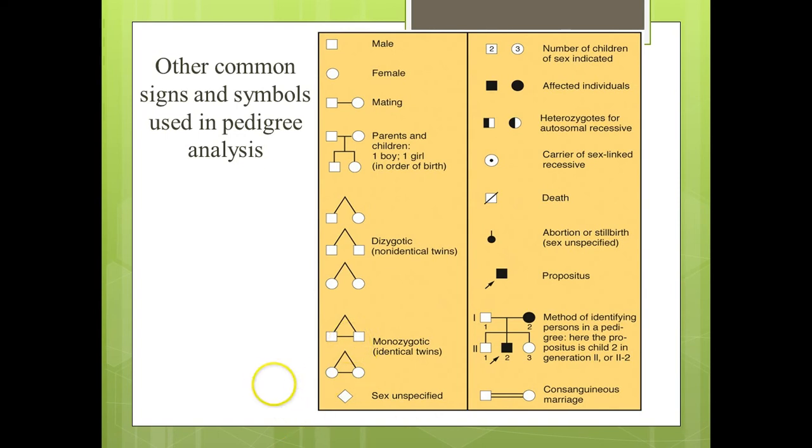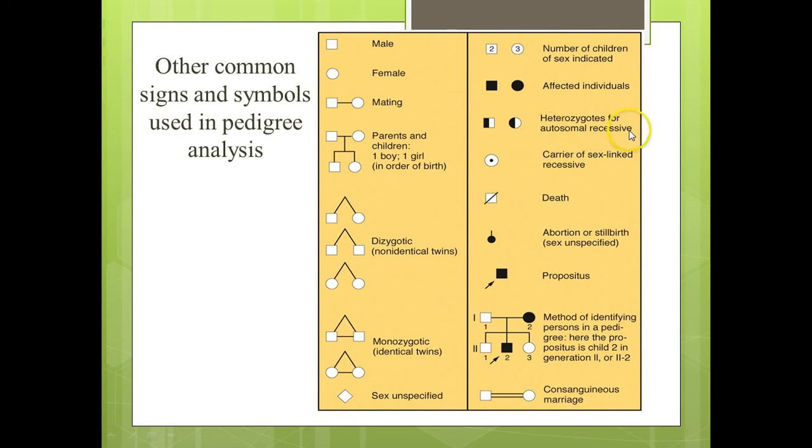In some rare cases, you wouldn't know the sex of the child. For example, if it died before birth, or if historically it was just unknown and you don't have any historical records for that far in the past, then you use a diamond. Again, affected individuals are completely shaded in.